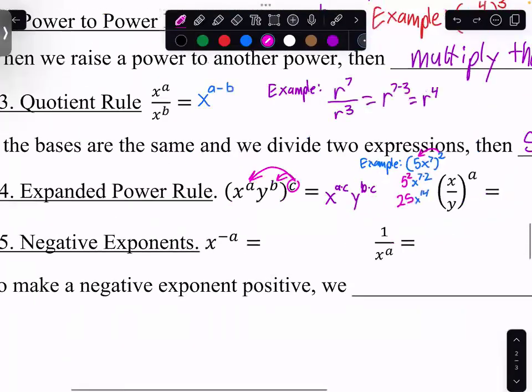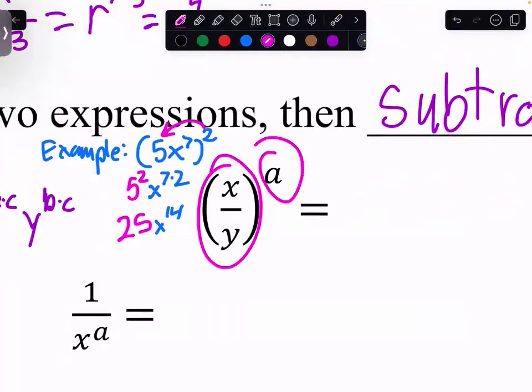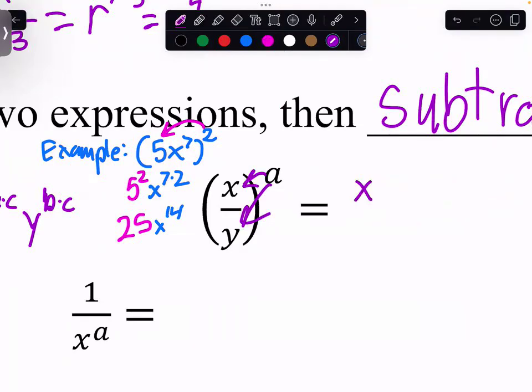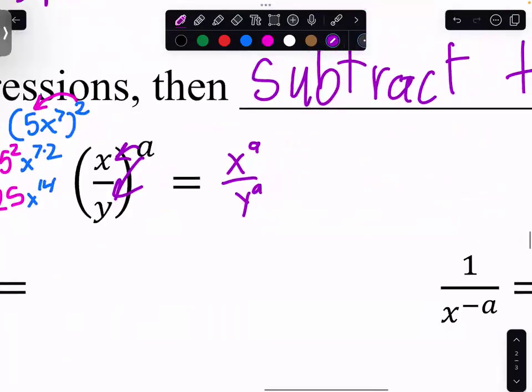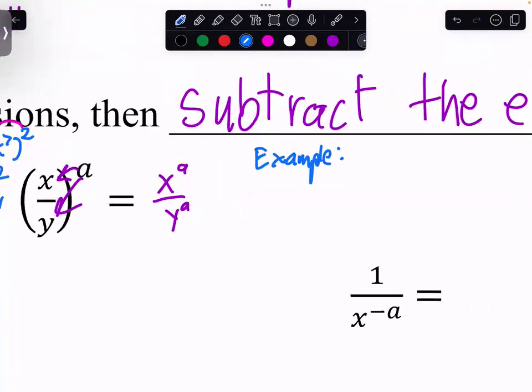Okay, so that's the second part of property 4. If you have a fraction in parentheses with an exponent, both parts get that exponent. Okay, so let's say we had something like 6x cubed over 7 to the power of 2.